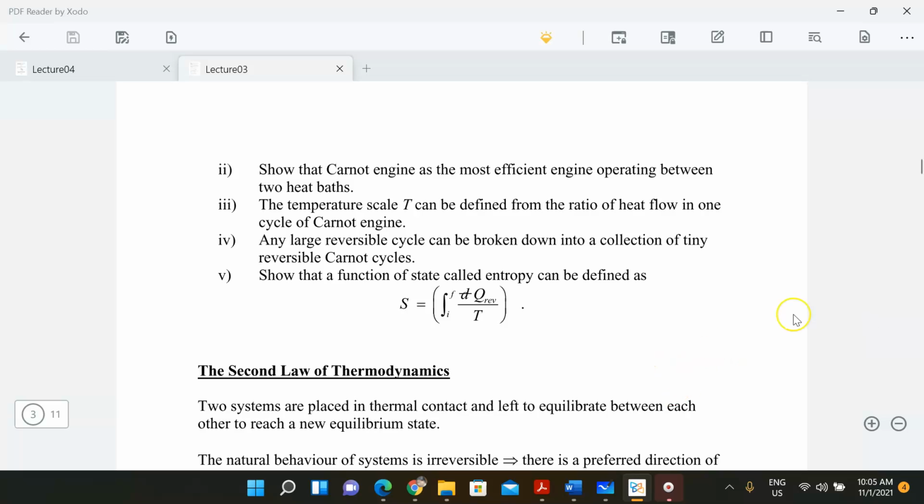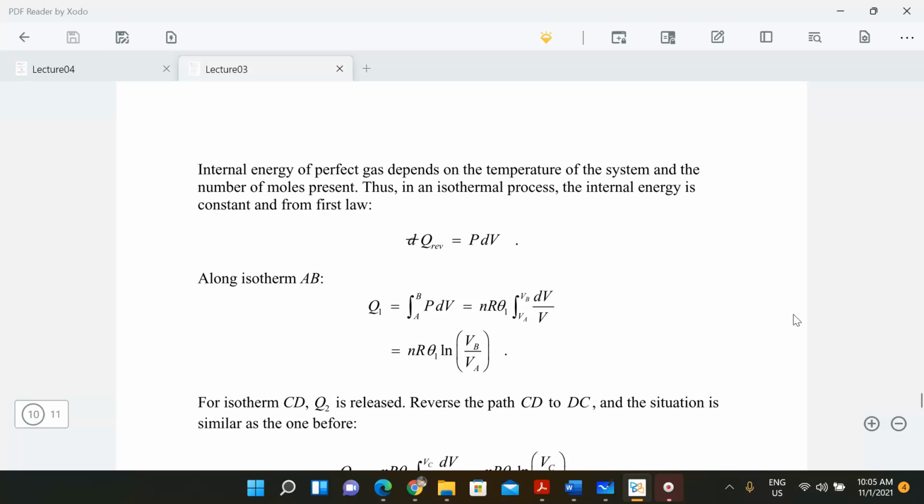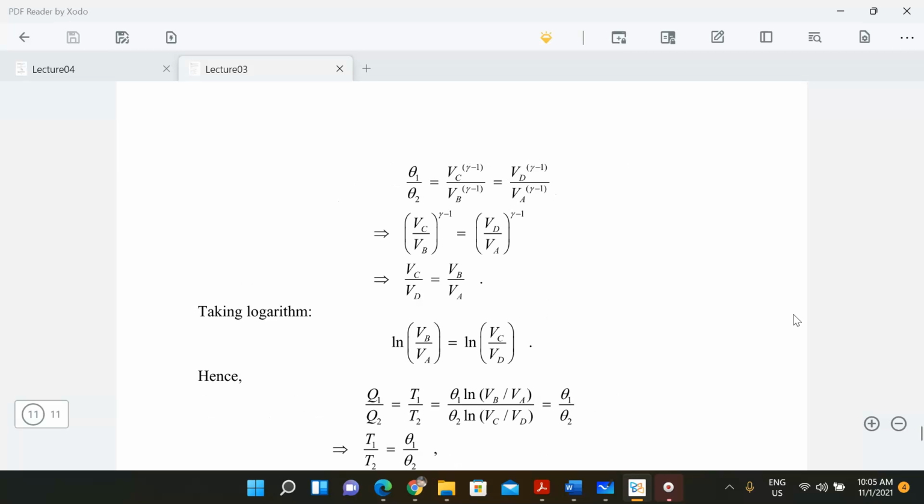Okay, so we had that, and then we defined the Carnot engine and the cycle. And then I think the final thing that we did was defining the absolute temperature.